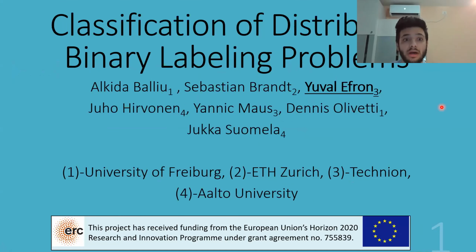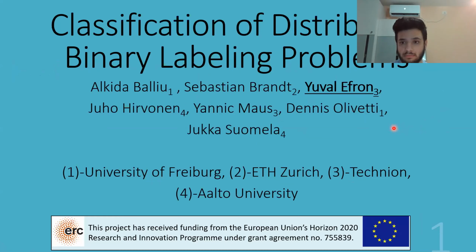Hi. So in this very short talk, I'm going to talk to you about classification of distributed binary labeling problems. This is joint work with Alkida, Sebastian, Juho, Yannick, Dennis, and Yuka.